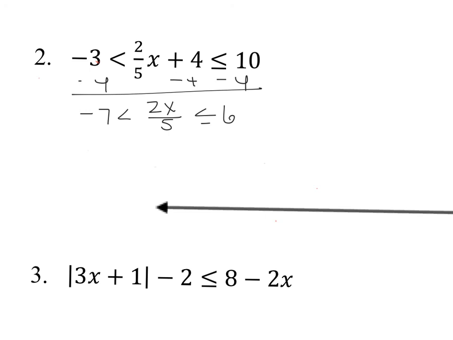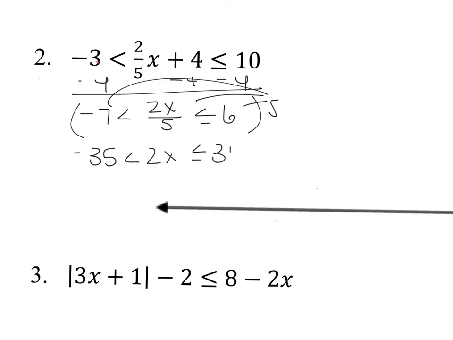Now I'm going to multiply the whole thing by 5 to get rid of that denominator. So everybody gets multiplied by 5. I get negative 35 is less than 2x is less than or equal to 30. So now I'm going to divide everybody by 2, and then I'm going to show my work. So negative 35 over 2 is less than x, which is less than or equal to 15.